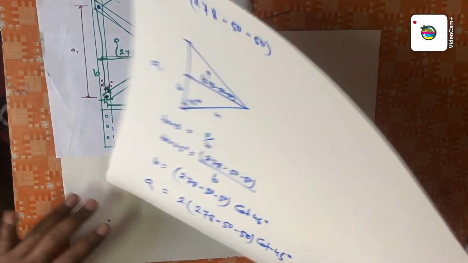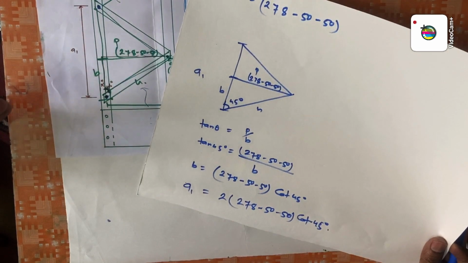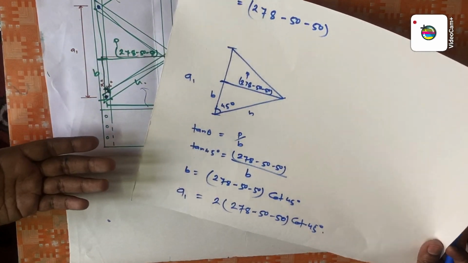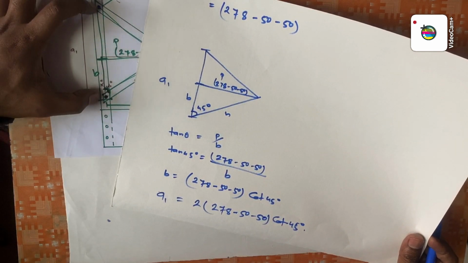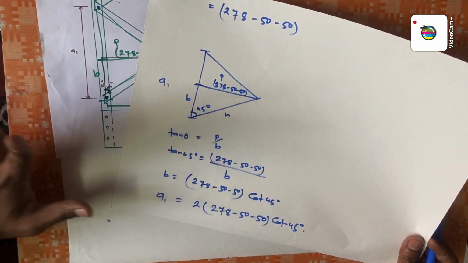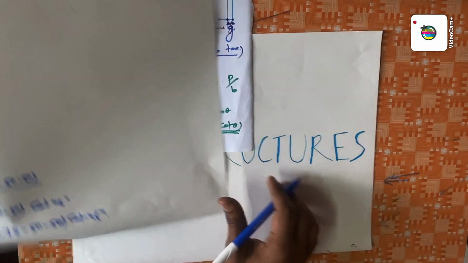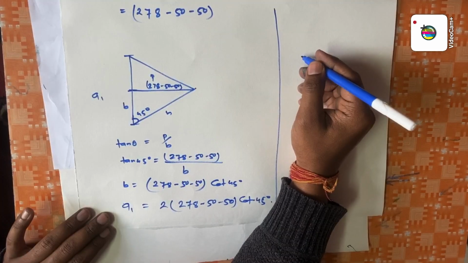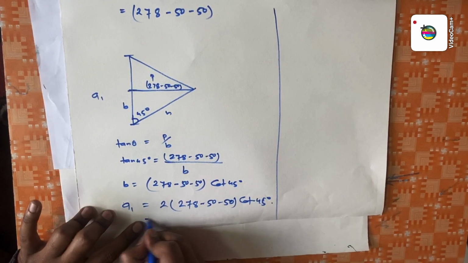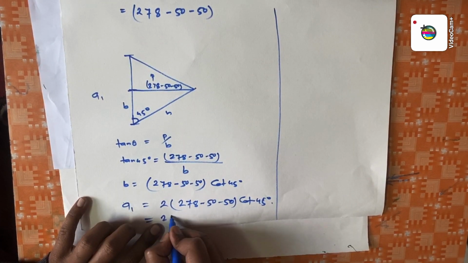Why am I getting A1? Because we have a certain condition which I am going to explain further. So for the first job we have to find the value of A1. If you calculate the value of A1, I'll get around 256.